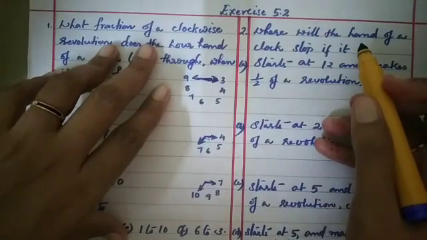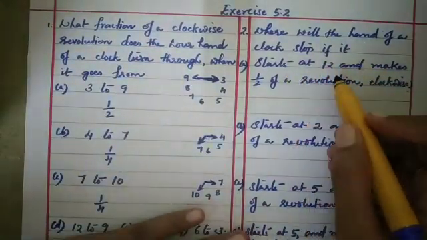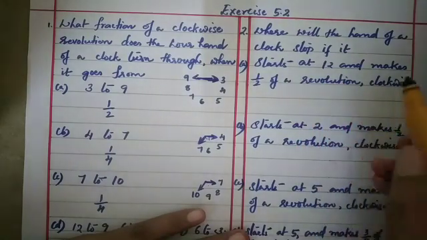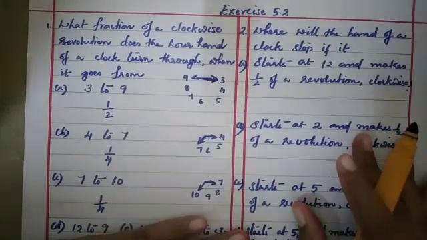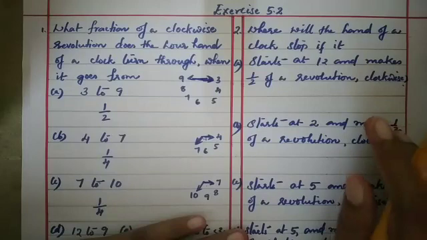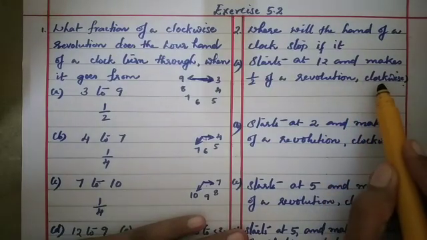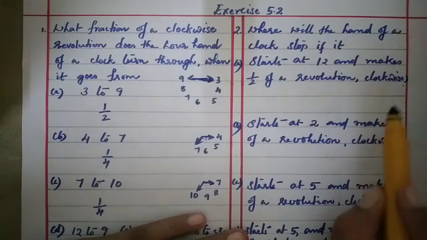Second question. Where will the hand of a clock stop if it starts at 12 and makes 1 by 2 of a revolution clockwise? Okay, so imagine the clock in your mind. Then clockwise direction means starting from 12: 1, 2, 3, 4, 5, 6, ends at 12.